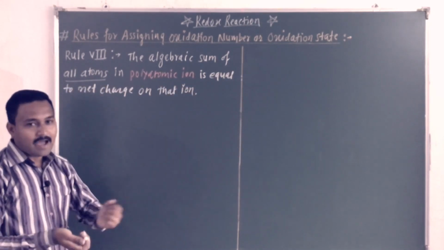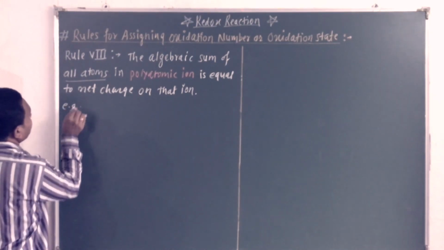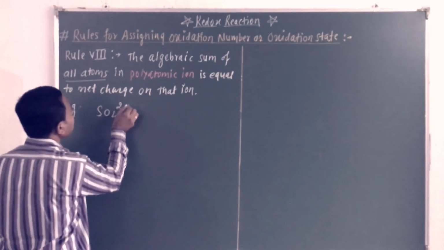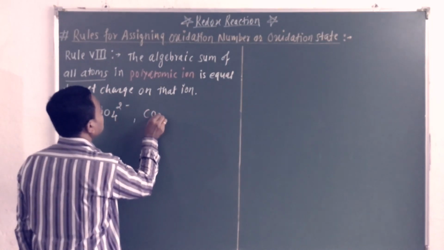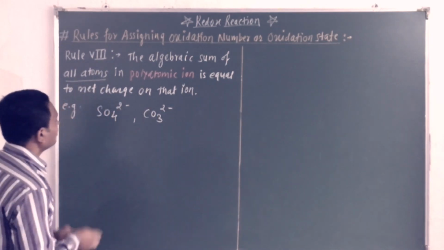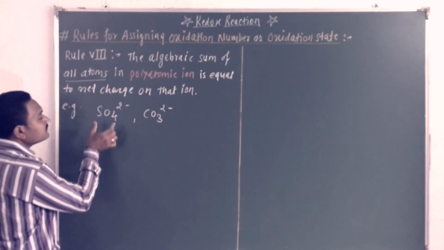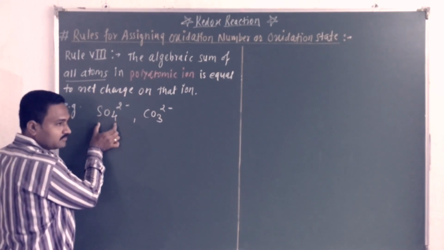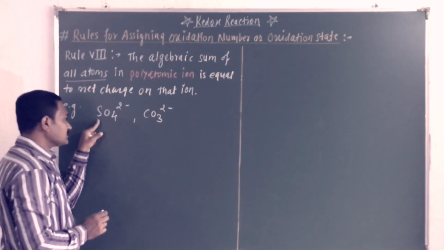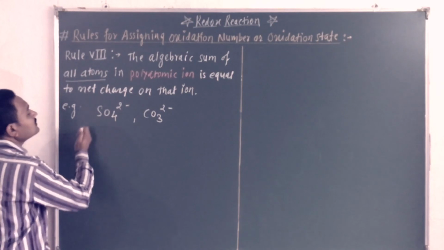Now let us consider an example first of all. For example, a simple example, SO4 2- ion, you can consider CO3 2- ion, and you can take any other examples also. So what is the meaning of this particular rule? Remember, this is your polyatomic ion. As we know, this particular ion is made up of sulfur atom and oxygen atom. Okay, that's why it is called a polyatomic ion.